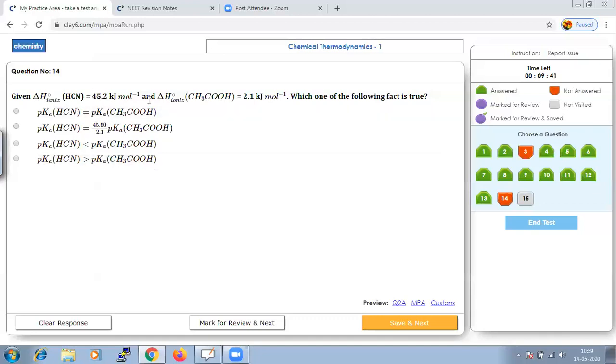Here if you compare, the ionization value they have given is higher for HCN. Hence if the ionization value is higher, that means HCN is a weak acid compared to the other one. And if it is a weak acid, pKa value will be higher. Hence option D should be the right answer. Let us save that. Go to next.